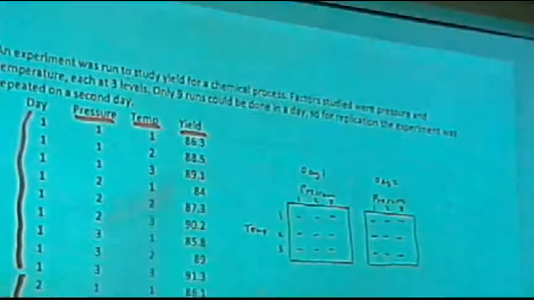I ran the experiment in 2 blocks, first block 9 runs, second block another 9 runs. It looks like we have three variables, but day is only a blocking variable. I'm mainly interested in the other two, pressure and temperature. So how might I do this?